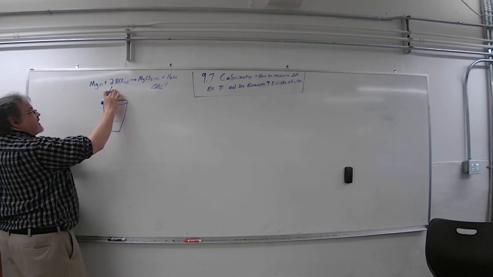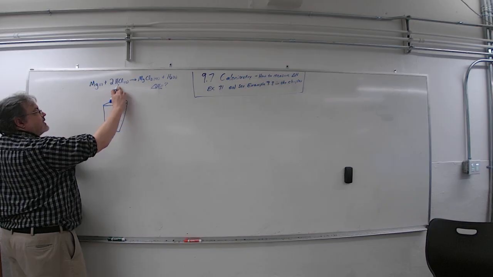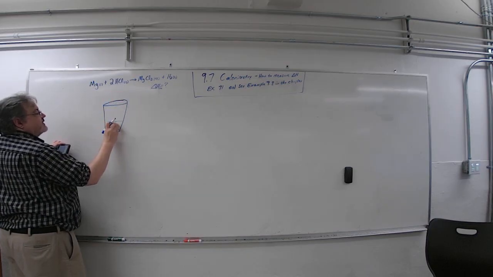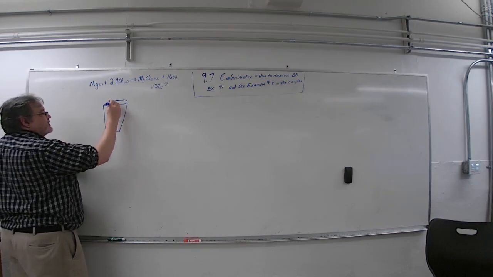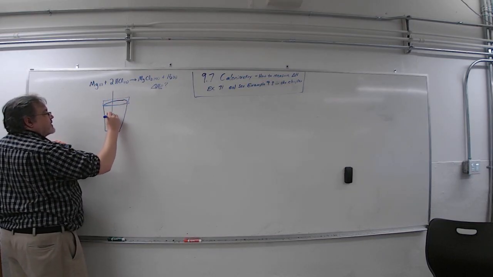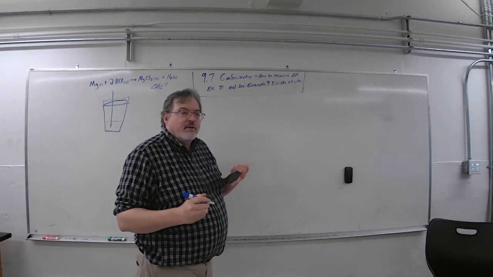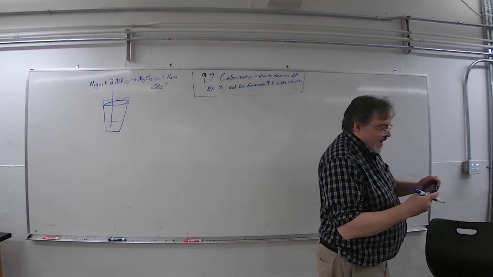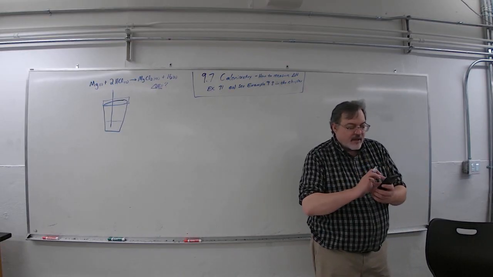Let's say you've got your HCl down in this water, this is aqueous HCl, just an acidic medium, and then you drop in the magnesium, and you immediately put a top on it, with a hole in it with a thermometer down in there. And basically, you measure the rise in the temperature, and then you can tell how much heat came out of the reaction. We're going to do something like that for lab next week.